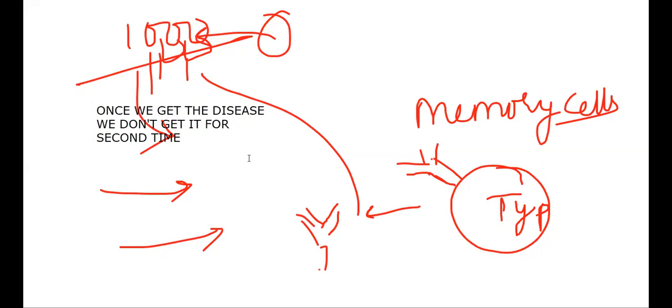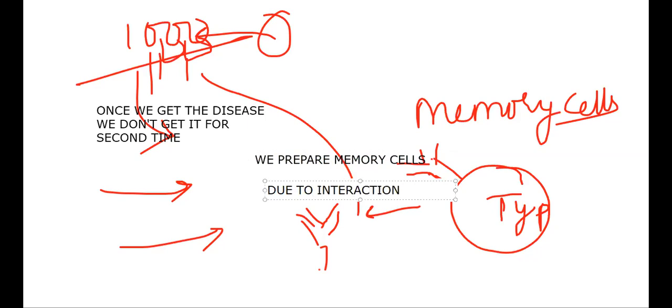Now we have the answer. We prepare memory cells because of the interaction with the microbe for the first time. The first time it may take time for preparation, and in the meantime the microbe may be successful. But due to the first interaction we prepare memory cells.